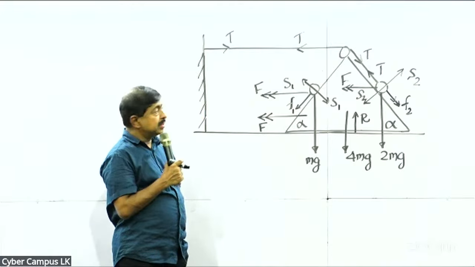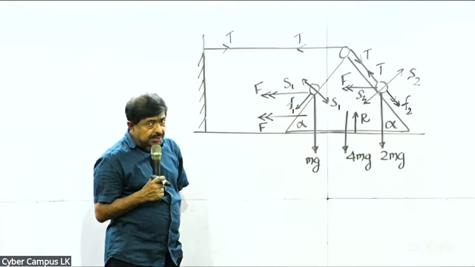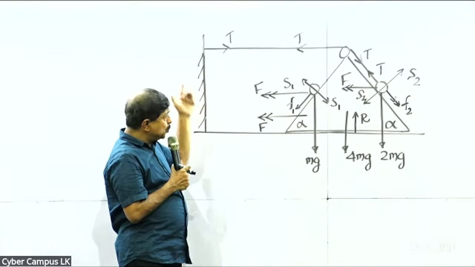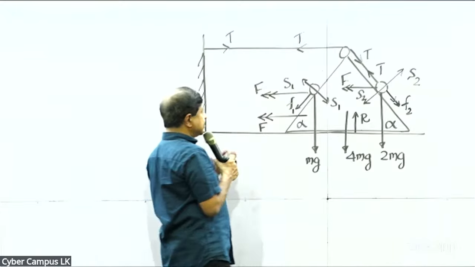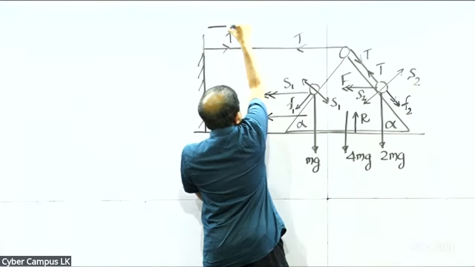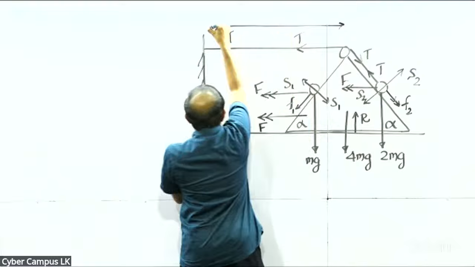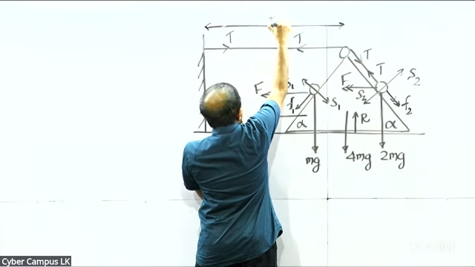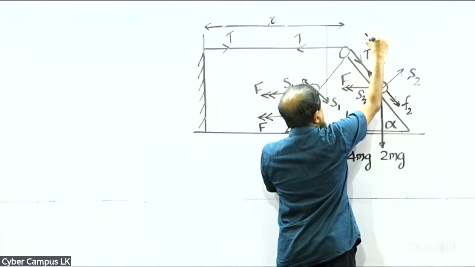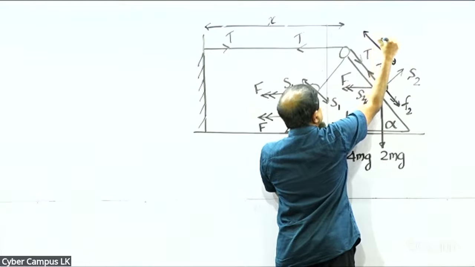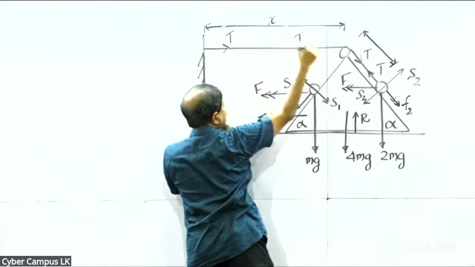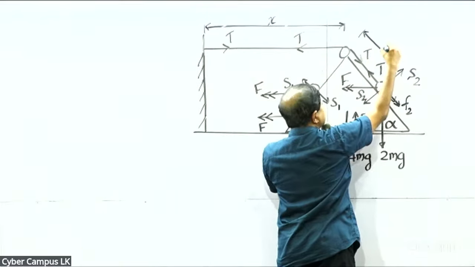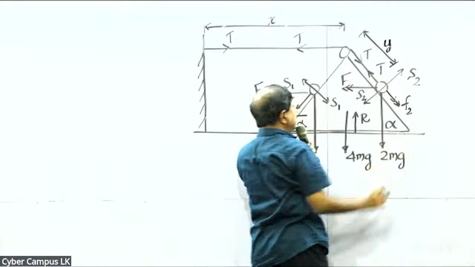What is that? You don't have to seek extra help, but instead you have to come up with the connection between these accelerations. So we'll consider this length, because we are one equation short. Let's take this as x, and the straight portion of this string can be taken as y.